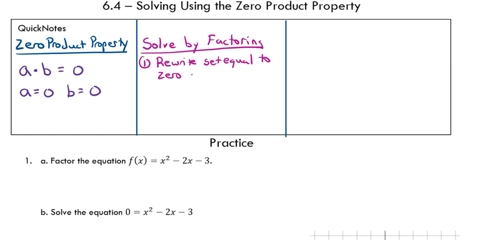What that means is that we're in standard form, and standard form is when we go from the squared term to the linear term to the constant. Next, we're going to factor and then set each factor to 0.